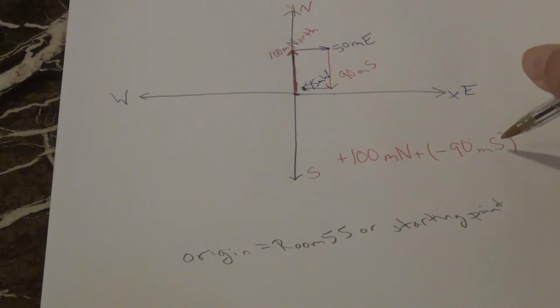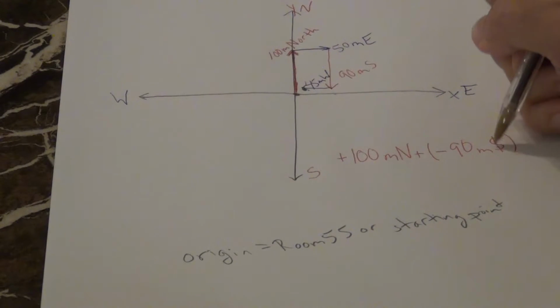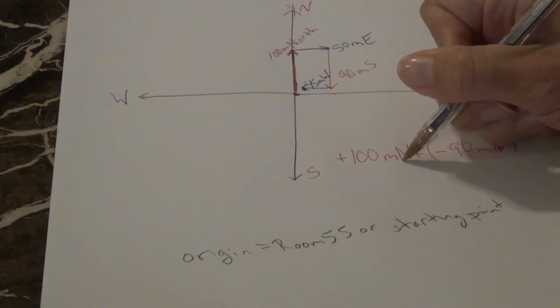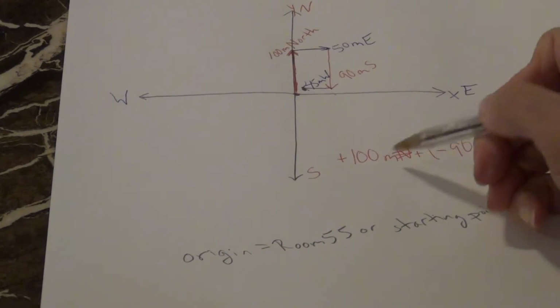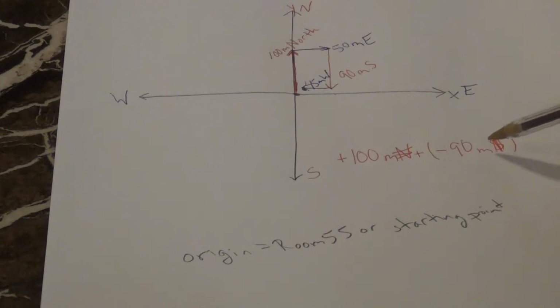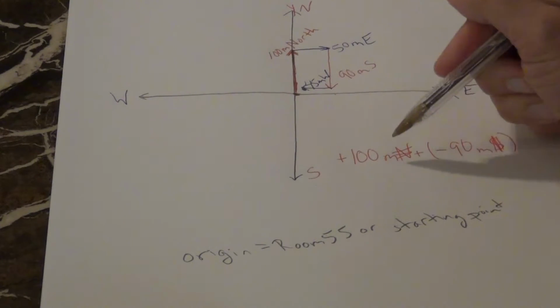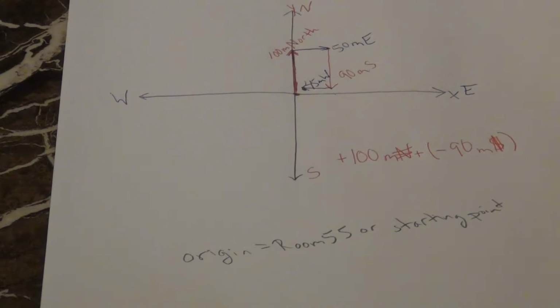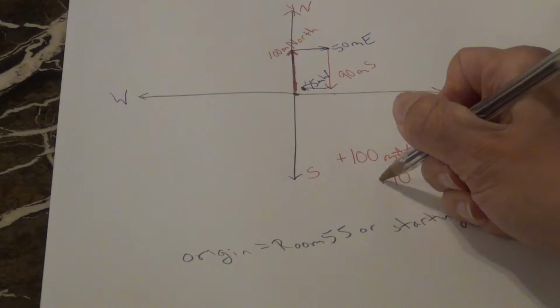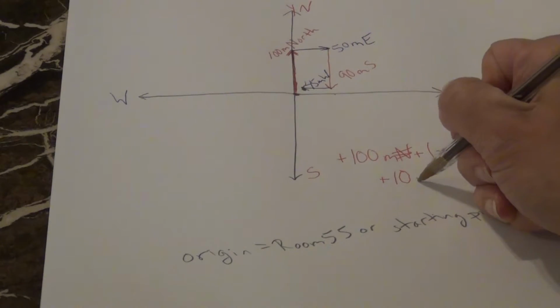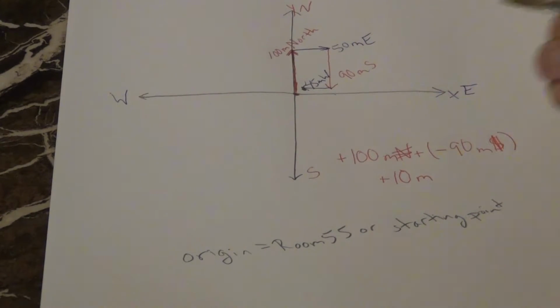So I can drop out the north and south part now because I accounted for that with my signage, my plus and my minus. So 100 meters minus 90 meters, right? Or 100 meters plus a negative 90 meters. Same thing. So that equals a total of positive 10 meters in the y direction.